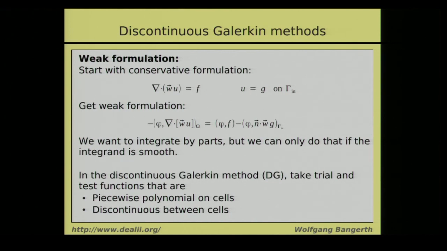So it's not a function in H1 anymore, for example, but it is discontinuous. And of course, when we want to integrate by parts, now we have to pay a little bit attention, because I would get the gradient of phi, and the gradient of phi would be difficult because phi is not a continuous function anymore. So I have to be careful. But what I can do, if phi is piecewise smooth, then I can do this integration by parts cell by cell.